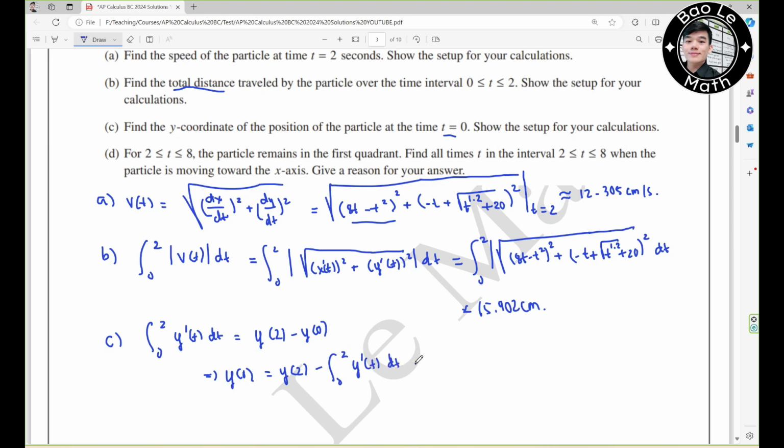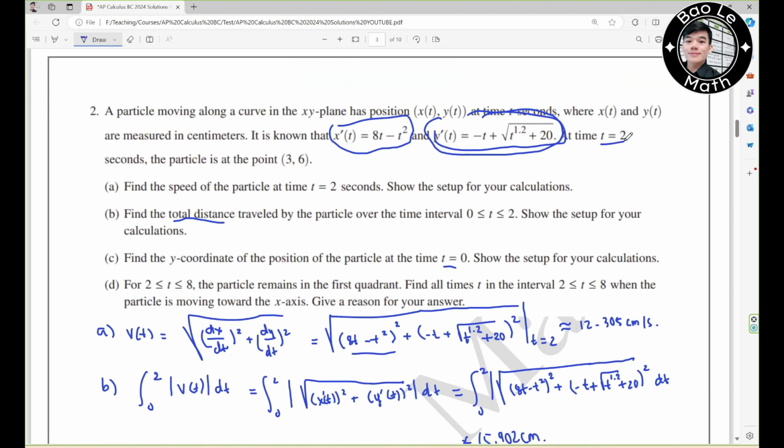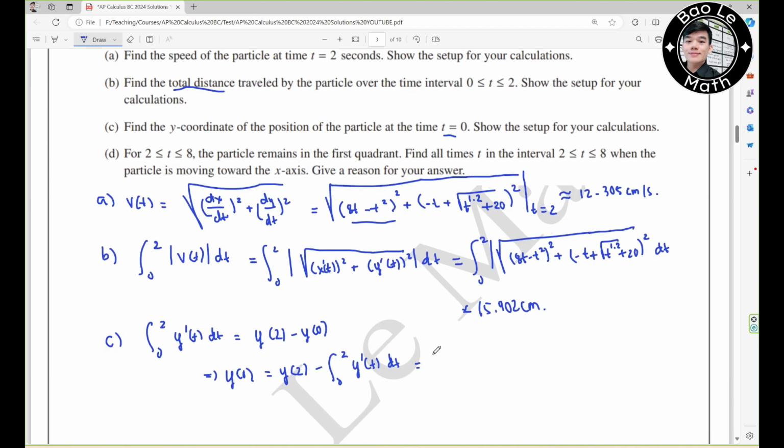Alright, so y of 2 is given right here: at t equals 2, the particle sits right here, so it's going to be 6 minus the integral from 0 to 2 of y prime of t, which is this one right here, so it's going to be parenthesis negative t plus square root of t to the 1.2 plus 20, close parenthesis, dt.